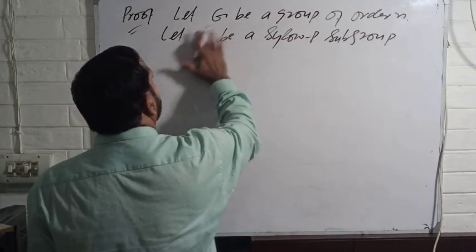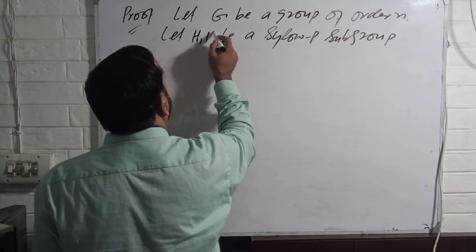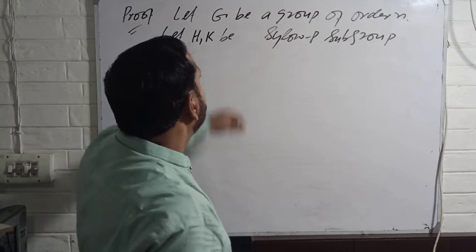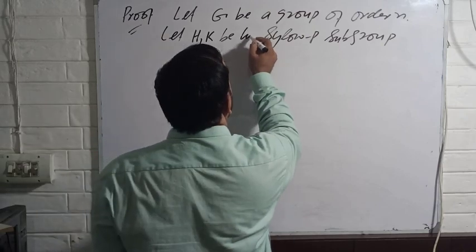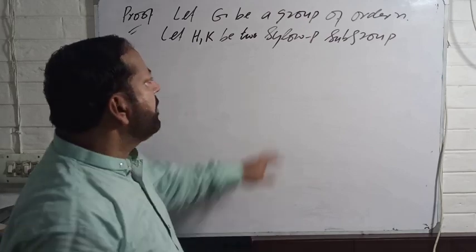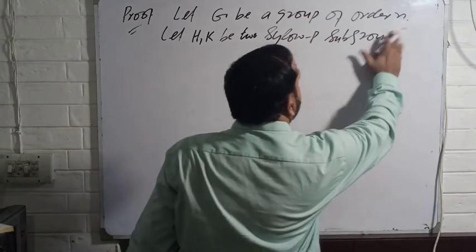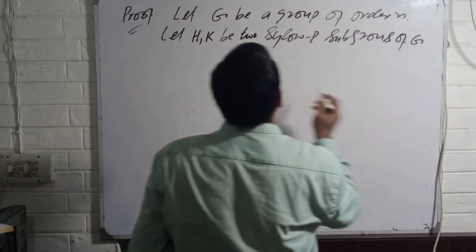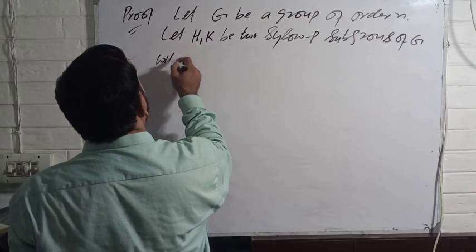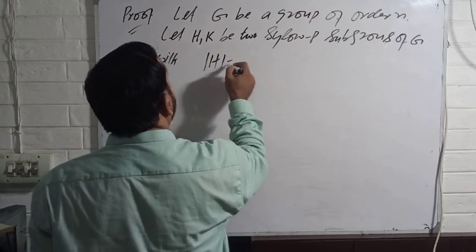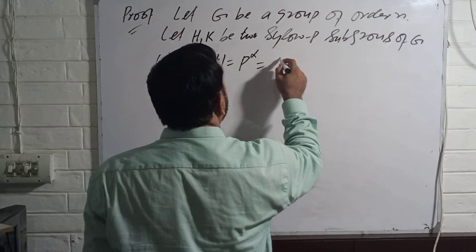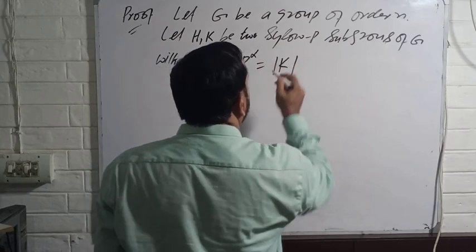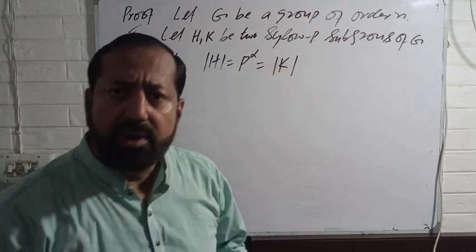You take two Sylow P subgroups H and K. Let H, K be two Sylow P subgroups of G with order of H equal to P power alpha, which is also equal to order of K as well. Okay, this is our theorem.